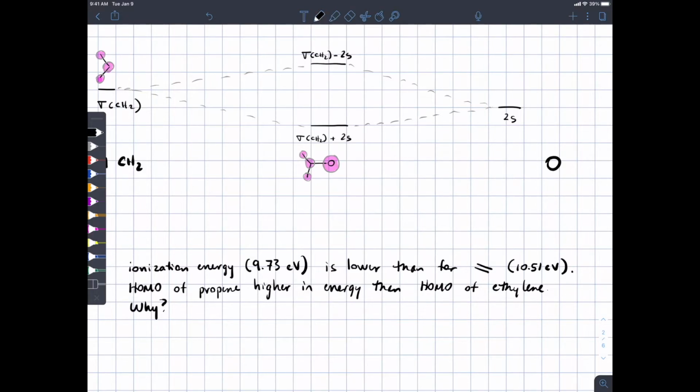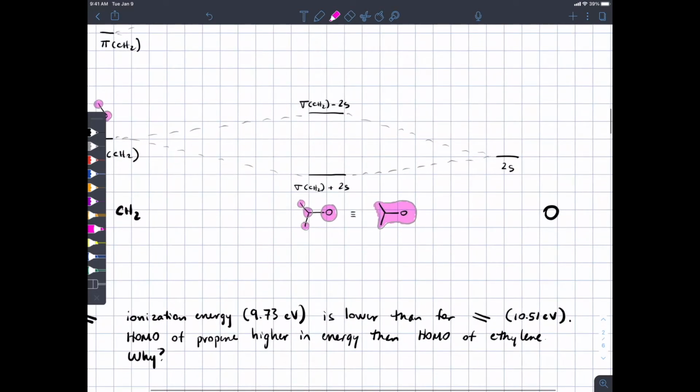If we drew this out, or if we looked at our MO calculations and drew it out how it actually looks, it might look something like this with a little bit more. It would maybe look somewhat fish-like, more on the oxygen than on the carbons.